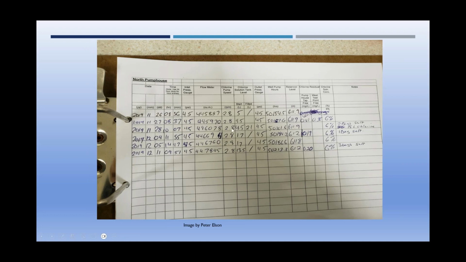I mean, chlorine pump speed is useful, especially if you're just starting up a system and you're trying to gauge the end result from residuals in your system to how much chlorine you're putting in, in which case you might start with 2.8. A few days later, go up to 2.9, see how your residuals change. And that way you can zero in on exactly the right setting, which again, you want to monitor over time because that could change as well.